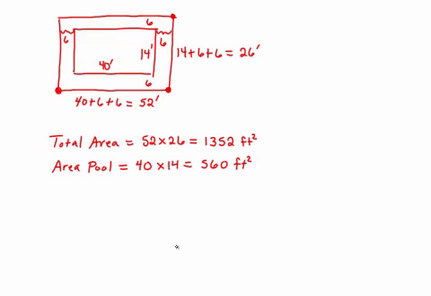Okay, so then to find the area of the deck, I'm going to write out some words. Area of the deck is equal to my total area minus my area of the pool.